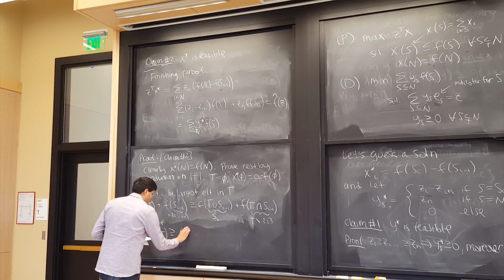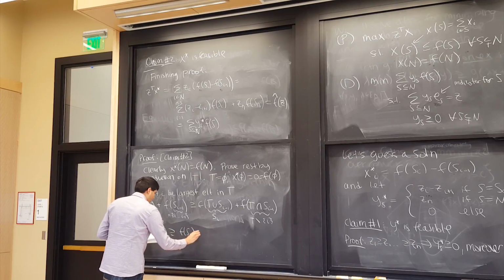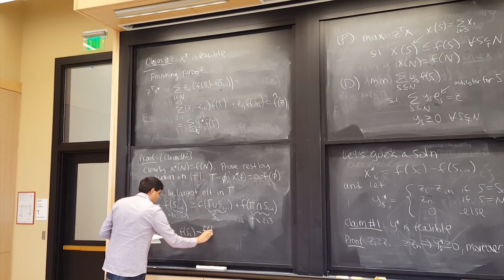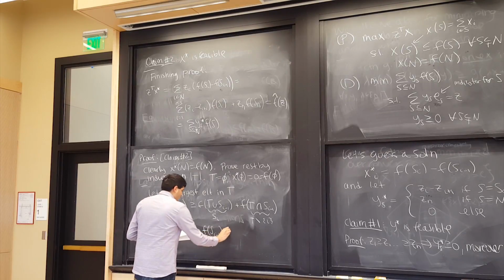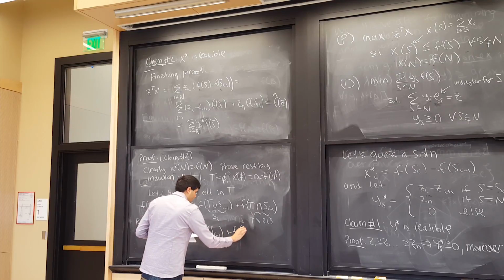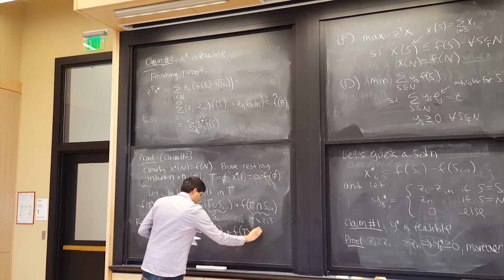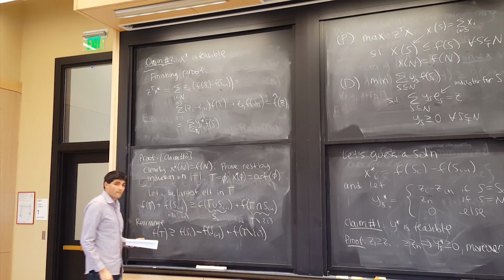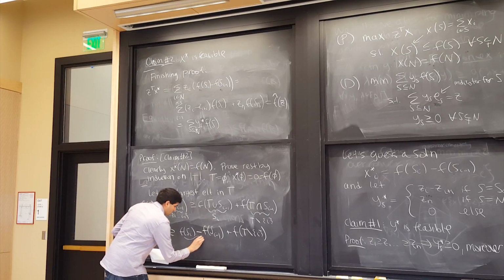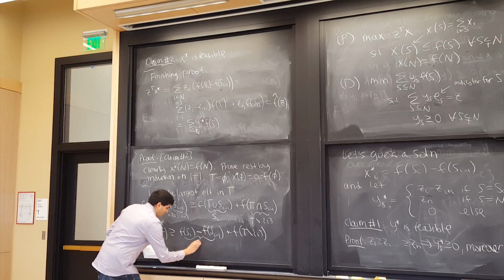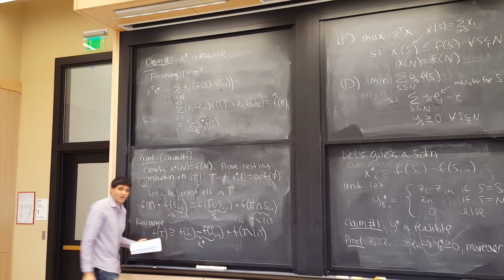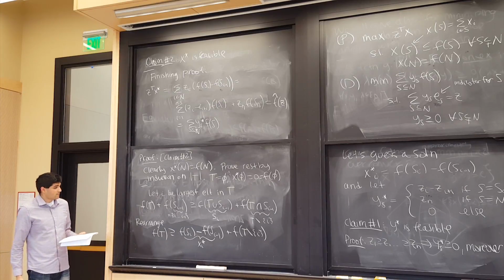So I'm going to get f of S_i minus f of S_{i-1}, because I pulled that guy over. And then I'm going to get f of T minus i. So what's this? x_i star. Perfect. And the hardest part about that is getting the stars right.